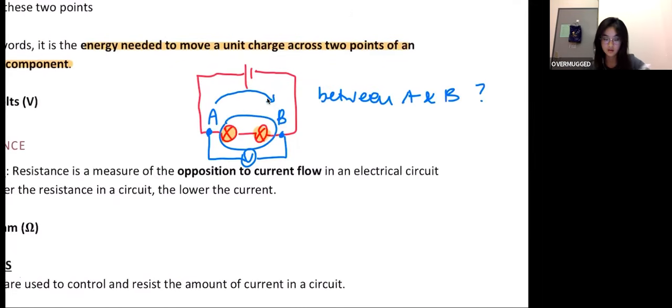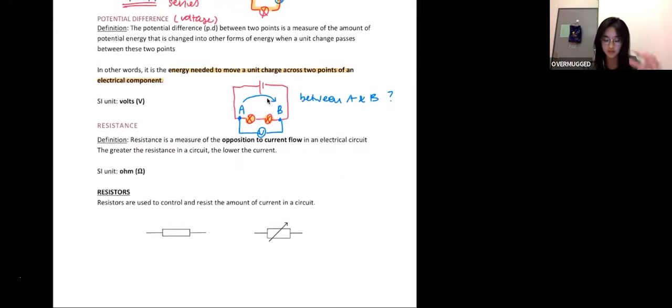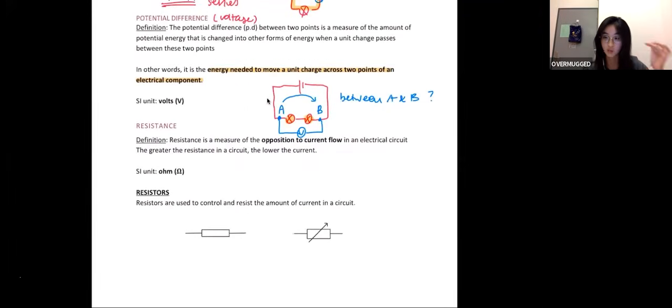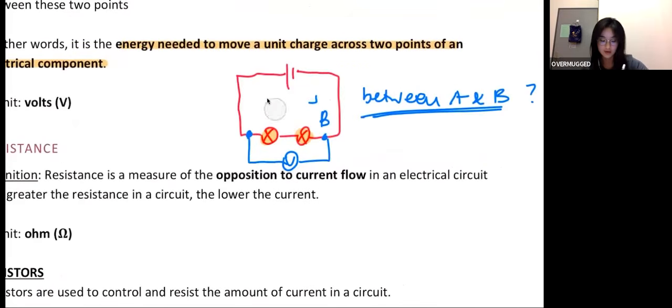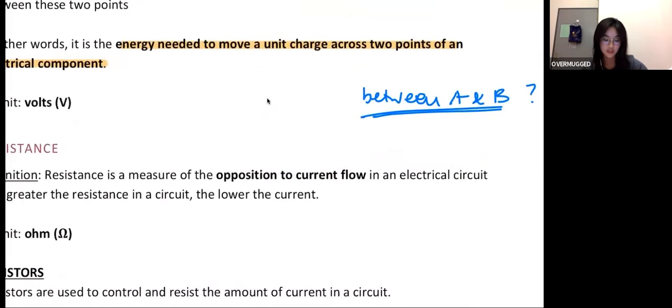All you have to do is to figure out where is my point A and where is my point B. Whatever is in between point A and point B is the voltage of whatever you're measuring. Which is why, if you see in some questions, you have a circuit with a voltmeter connected here.